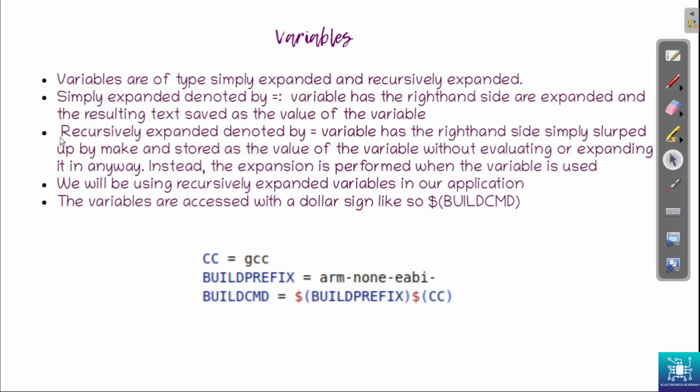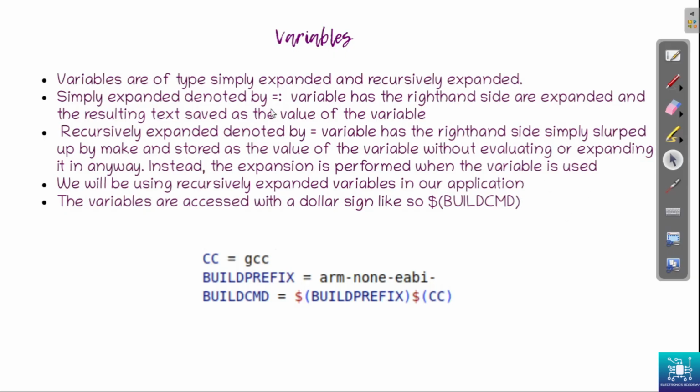Okay. Now, recursively expanded variables are given by just an equal to, not equal to colon. Make simply slurps up the right-hand side and stores it as the value of the variable without evaluating or expanding it in any way. Instead, the expansion is performed when the variable is used.